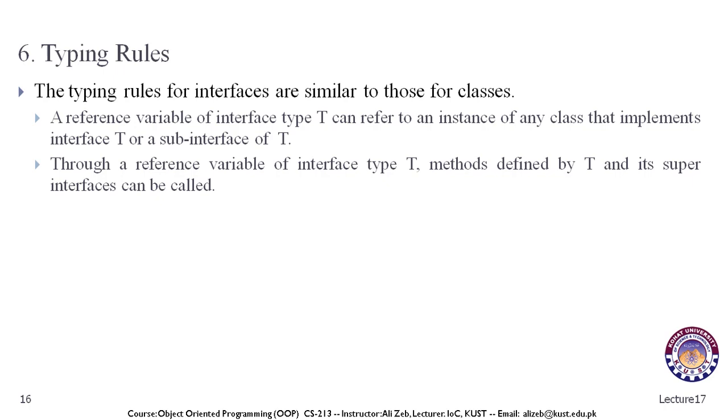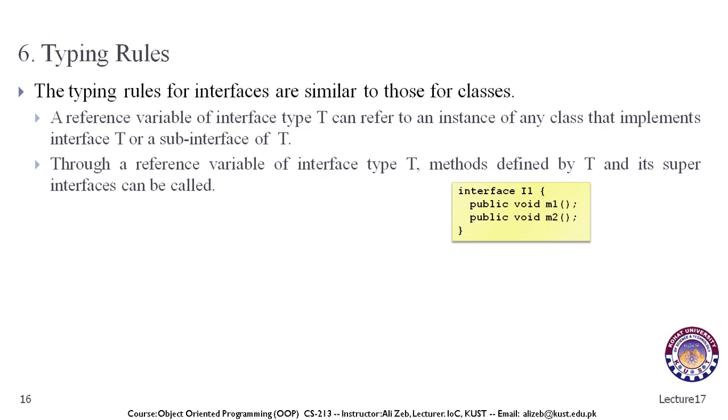We can use the interface reference to create objects of the classes that are implementing that interface. Through a reference variable of interface type T, methods defined by T and its super interfaces can be called. So it is exactly the same as our classes, and we'll look at it in this example.